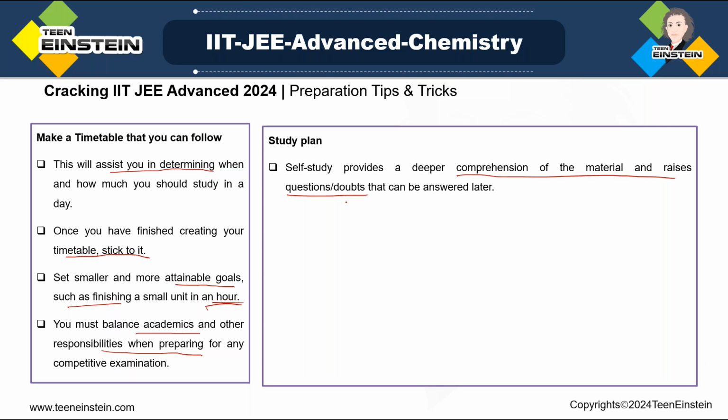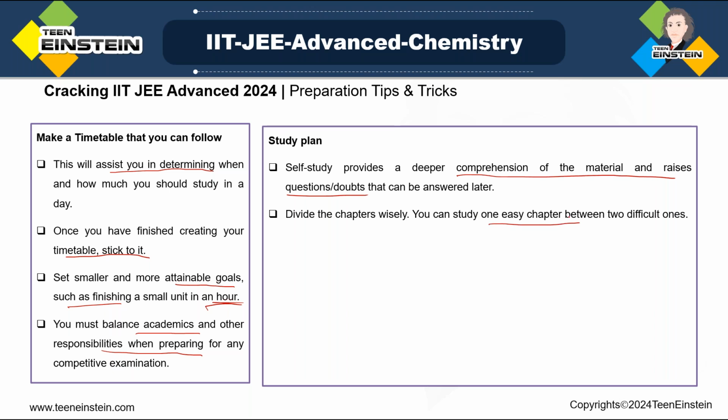You should keep a separate notebook where you write all these doubts or questions, so that later you can ask your teacher or senior. Don't forget to note them down, because if you remain with those doubts, it will create problems. A doubt in one chapter will also affect other chapters, because all the chapters are somewhere related.